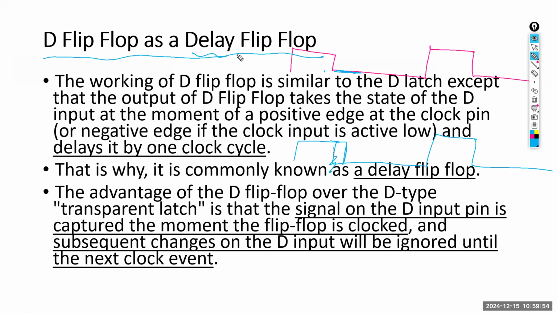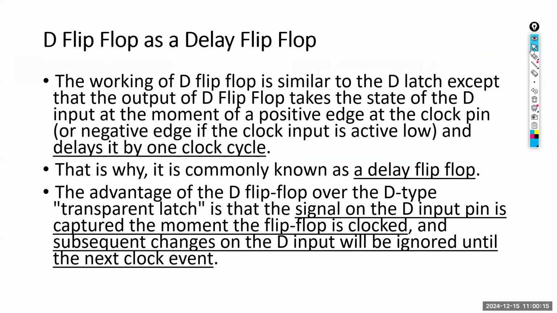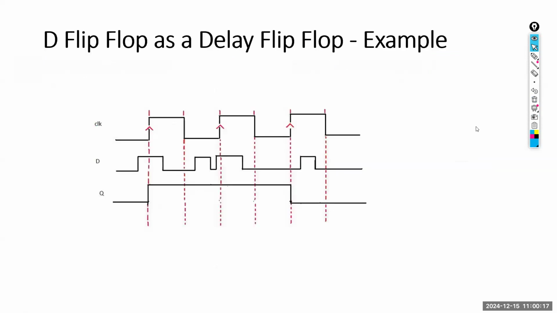Sometimes that is good because that delay helps you ignore the stray pulses. So it's not a bad thing, but you must know that there is a possibility of a delay. Is it clear? Right. So this explains the D flip-flop as a delay flip-flop.